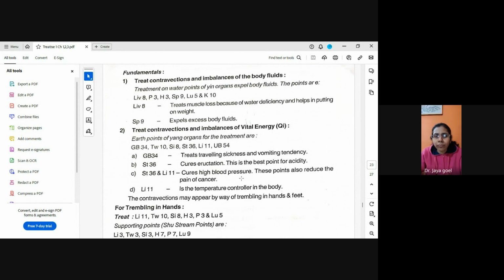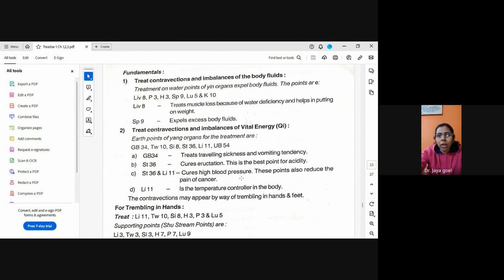ST36 is the best point for acidity. By treating this point, we can reduce the acidity. ST36 and LI11, we can cure high blood pressure.